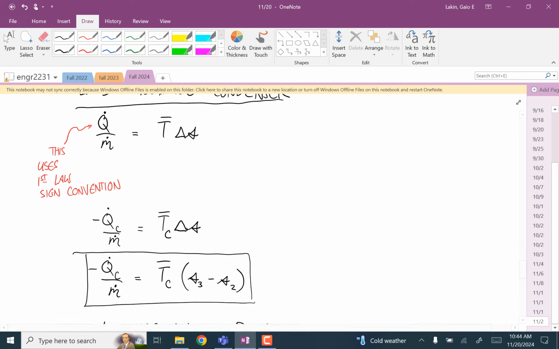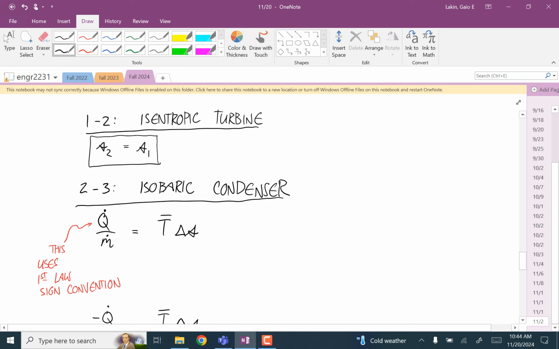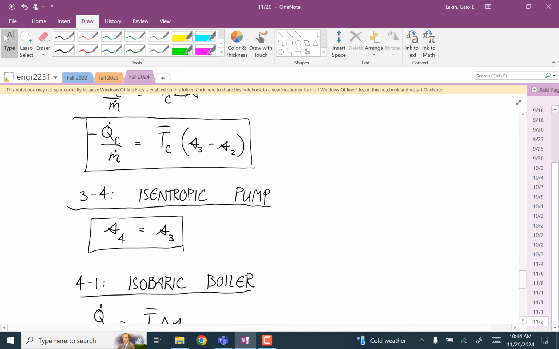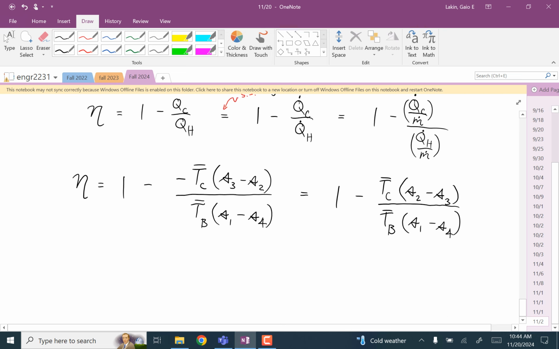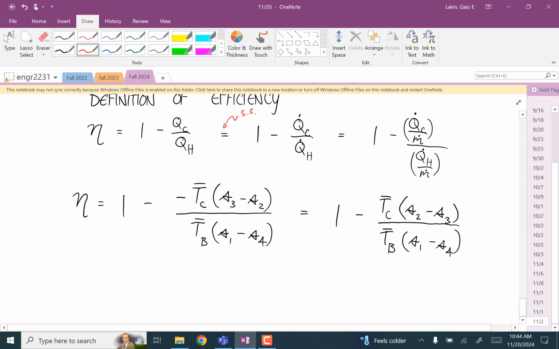So we know that S1 is equal to S2 and S3 is equal to S4. So I'm just going to replace this one with S1 and this one with S4. And then these cancel. And you get that the efficiency of this specific ideal, this specific internally reversible power cycle is 1 minus the temperature at the condenser over the temperature at the boiler.